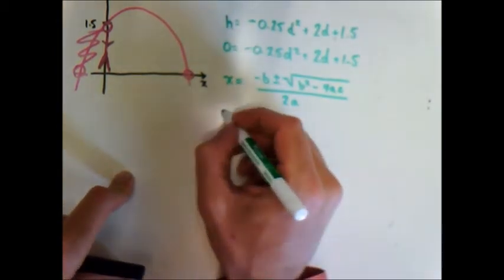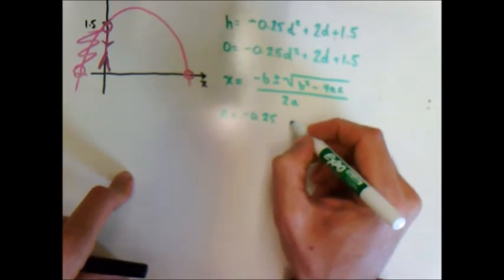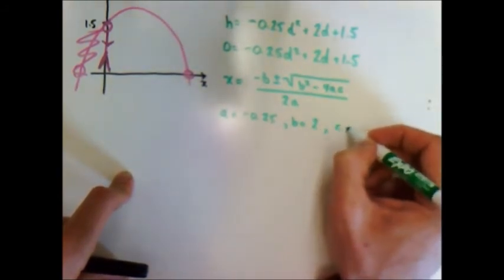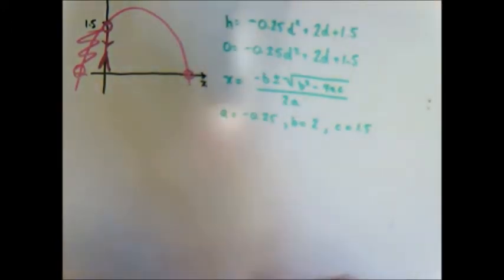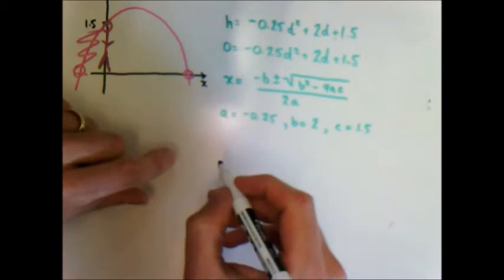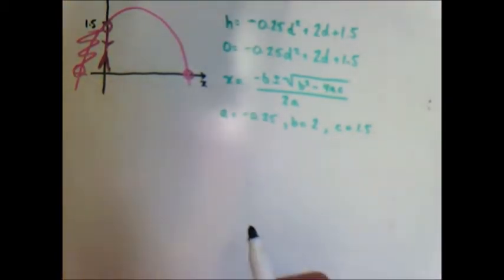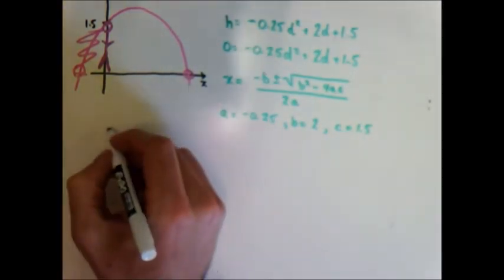I know my parameters. a is negative 0.25, b is 2, and c is 1.5. So now all I need to do is plug those numbers into the quadratic formula, and I will get my 2 x-intercepts, one of which will be a real answer, one of which will not be, but we'll talk about that when we get there.